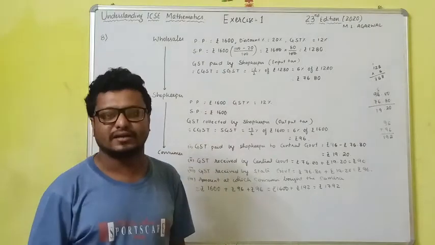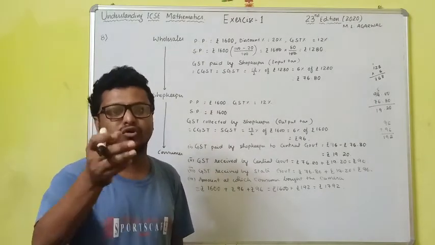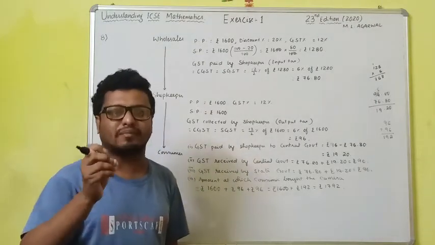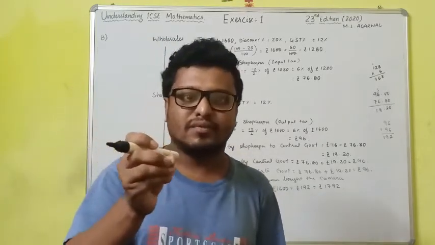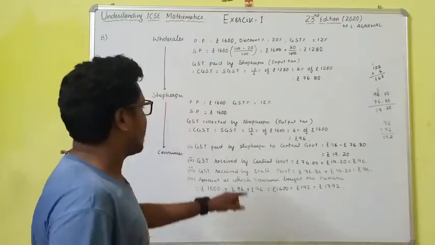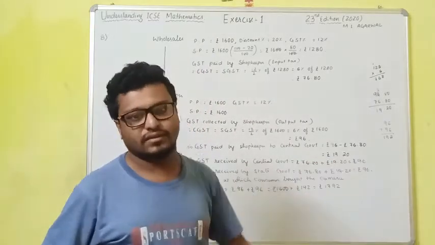So he added some amount. We know about value added service. It is also known as GST, also known as value addition tax. So here we have to add these two. Okay.